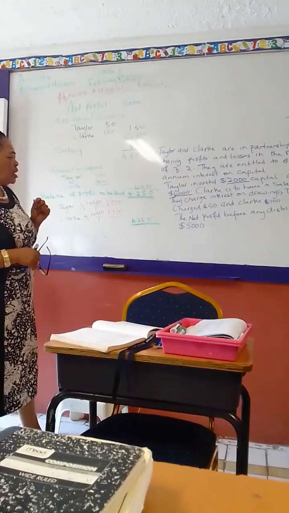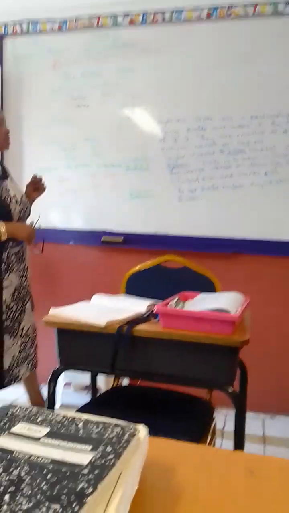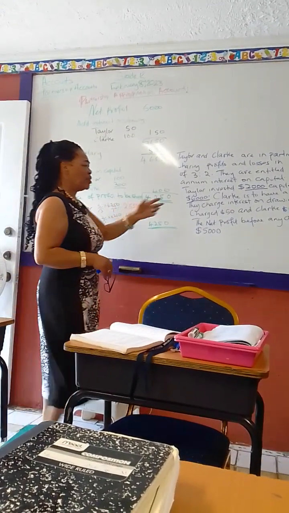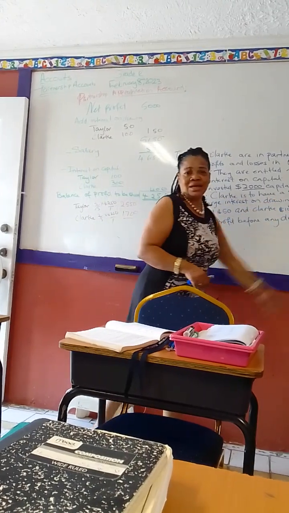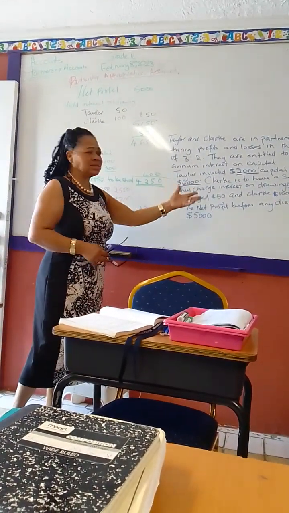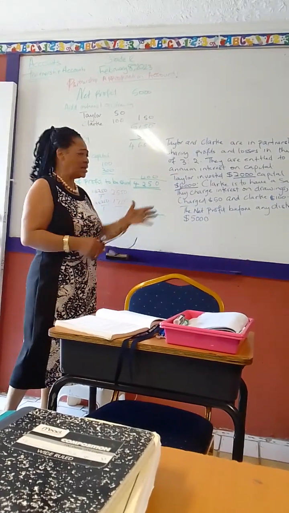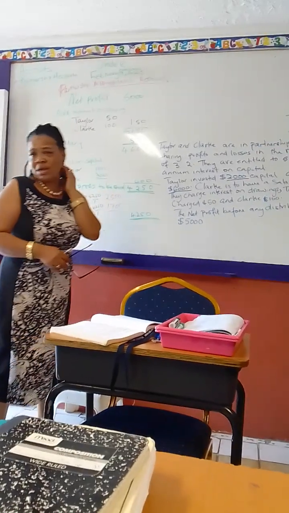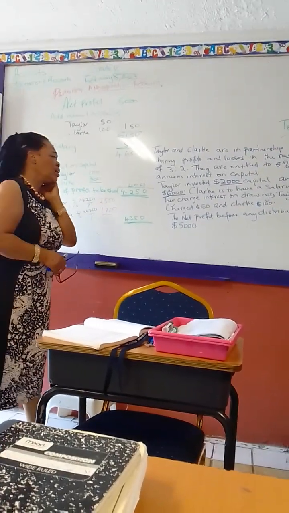But then, when I look further, I realized that Clark is actually getting a salary, and Taylor is not. So obviously, Clark is getting something extra that Taylor is not getting, hence the working out of him getting a bigger portion of the profit than the other person.